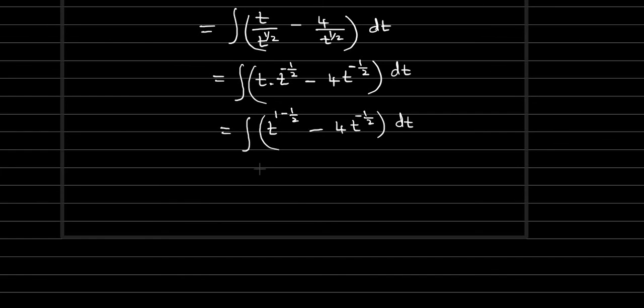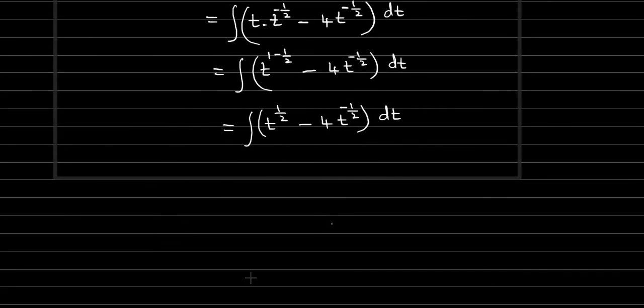From 1 if you subtract half, half will be there. So t power 1 by 2 minus 4 t power minus 1 by 2. Now integration we can apply for both the terms. Integral t power 1 by 2 dt minus 4 is a constant term. We will take it out. So 4 integral t power minus 1 by 2 dt.